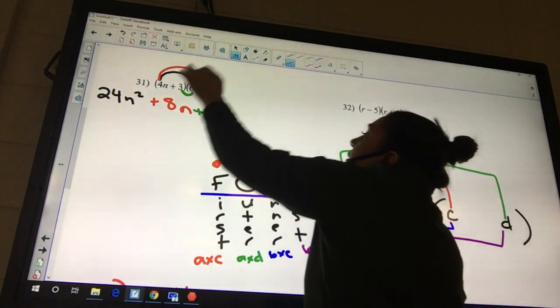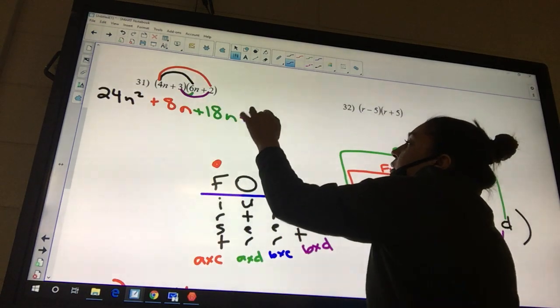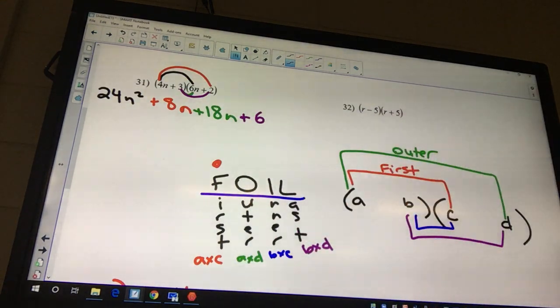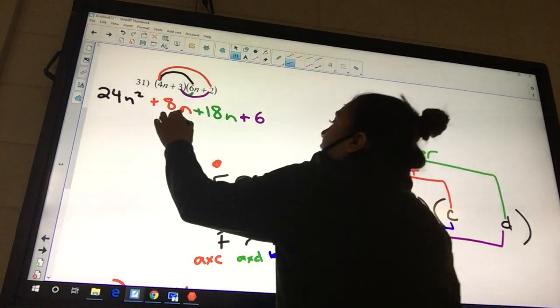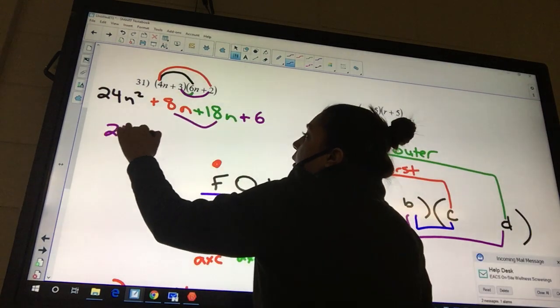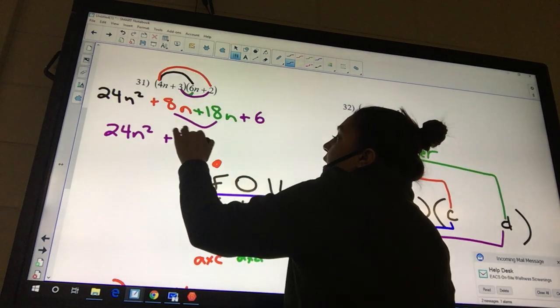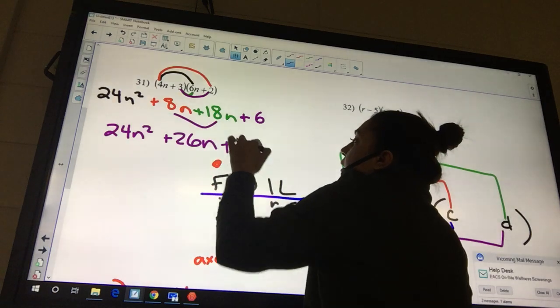And then the last. 3 times 2. How many n's? Okay, good. What can we combine? 18 and an 8 to give me what? Yeah, 26. No, it's just 26N.